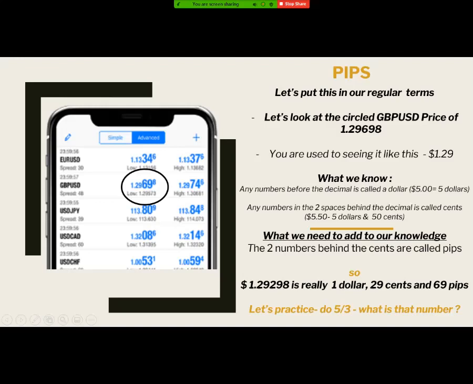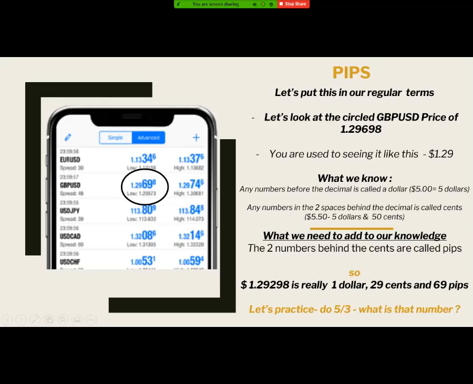What we've been taught in mainstream education is that any number before the decimal is called a dollar. So if I had a 5 before the decimal, it will be $5. Any number in the 2 spaces behind the decimal is called cents.